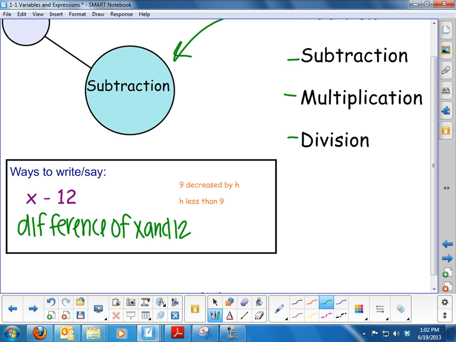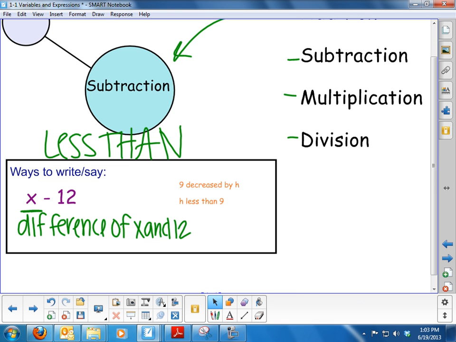Okay, what if I want to use the words less than? I just gave you one of the words that can be part of your bubble for subtraction. If I want to use the words less than, this is a really, really important concept that you understand. Less than is what we call a turnaround word. So when I see less than in a problem, it's backwards the way that you write it. So instead of saying x, what comes first, is less than 12, you have to turn around the order.